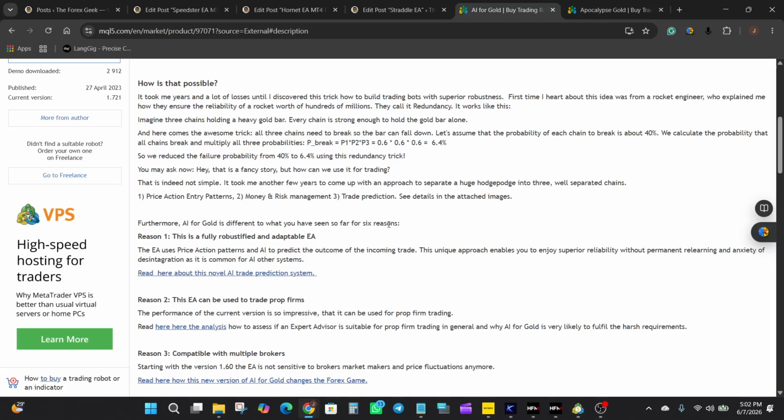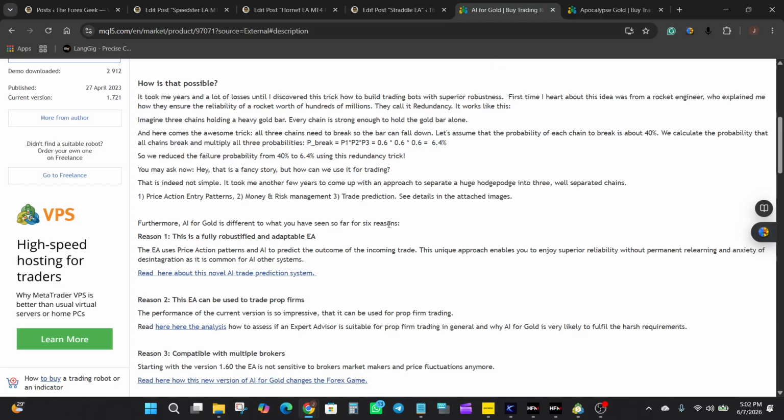The developer compares it to a system where multiple independent conditions must align before a trade is taken. The idea is that instead of relying on a single signal, the EA combines multiple layers so that only higher confidence setups are executed.